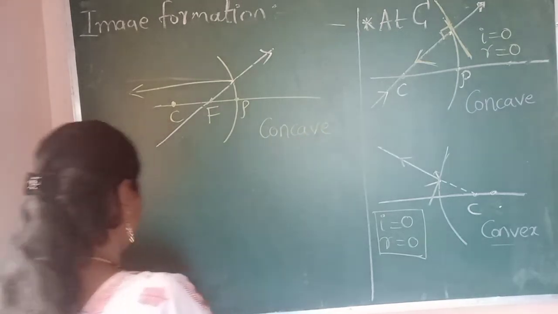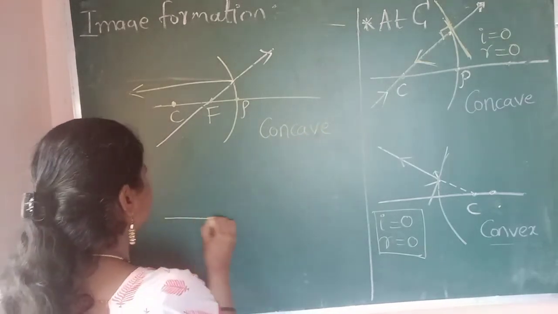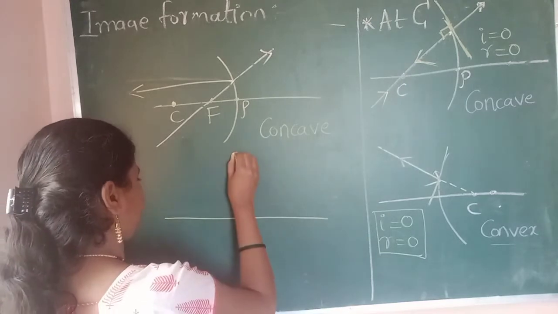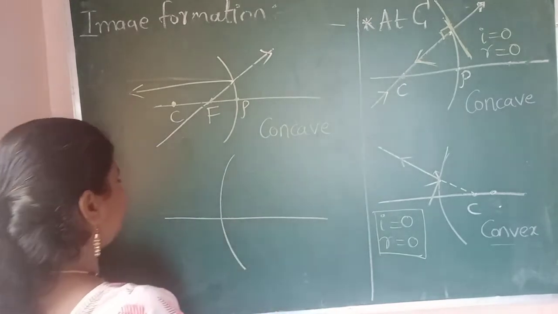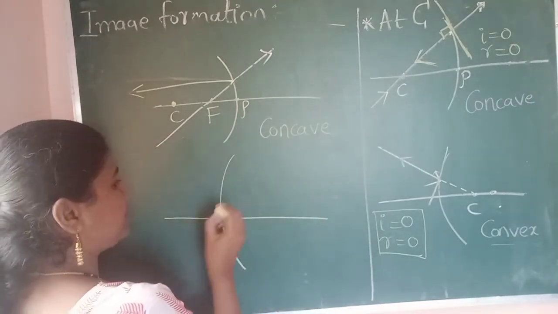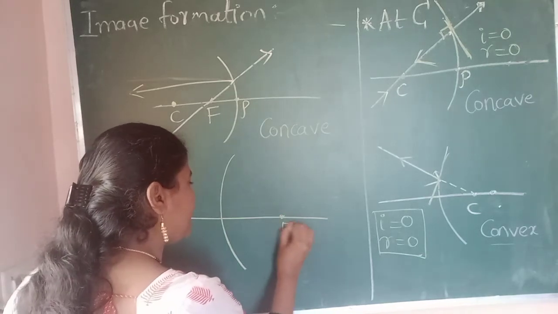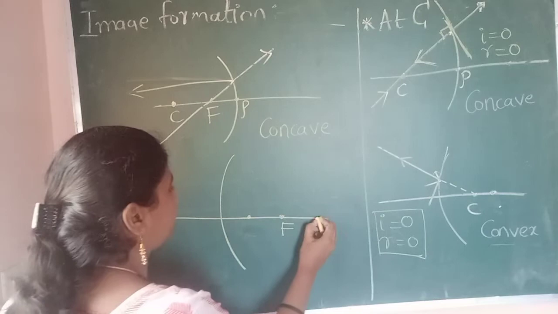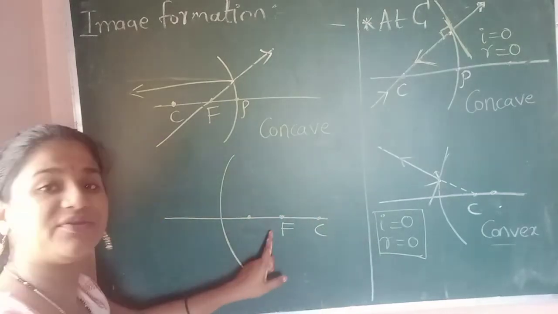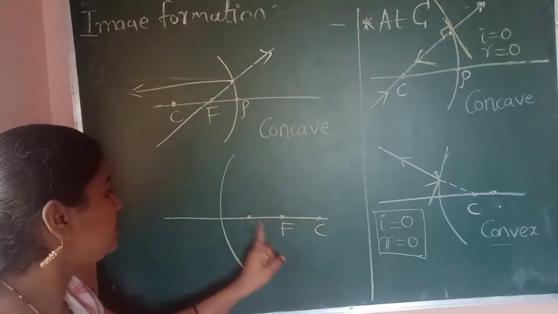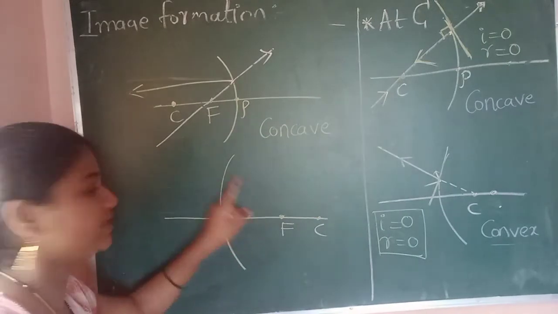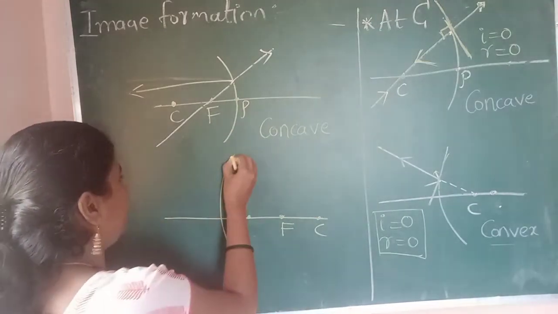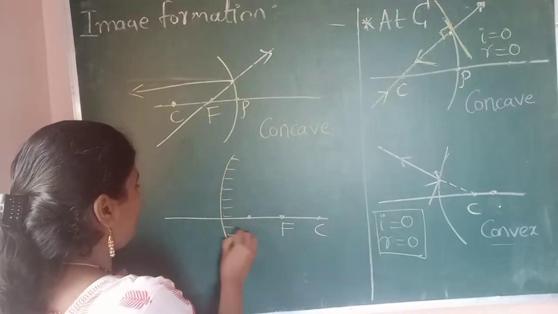Okay. Now let us see in the convex mirror. Fine. Now here what happens? Focus and center of curvature will be behind the mirror. This is a reflecting surface. This is a opaque material.